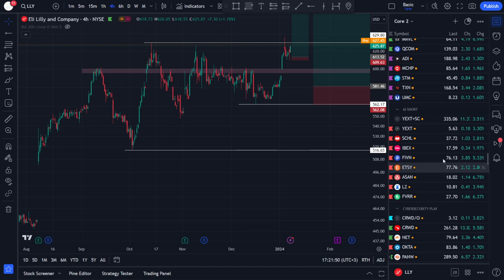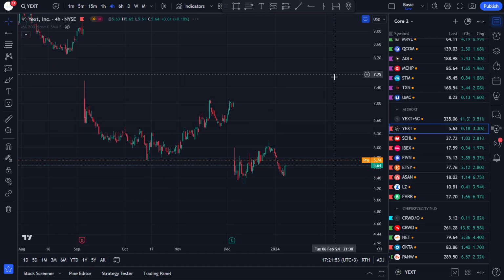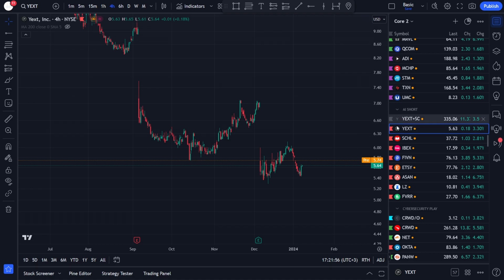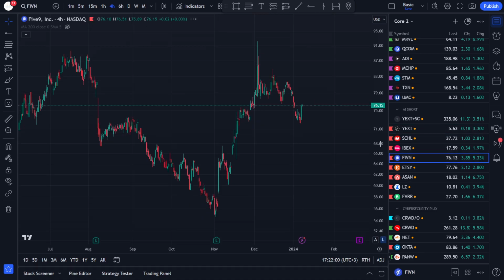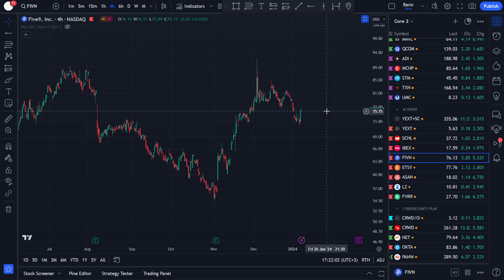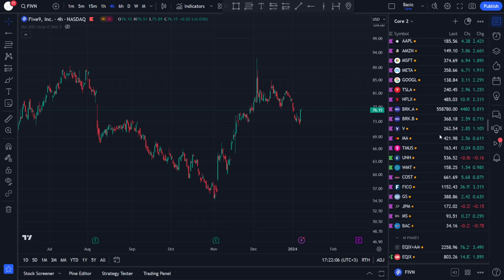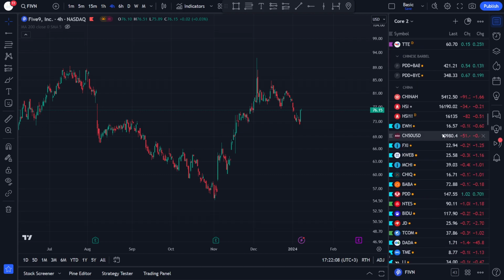How we're going to play this is we're probably going to put on the AI short basket, the names that we took as these ones. Maybe we're going to put on these shorts, maybe 3%, 4% of the total account NAV into those shorts.